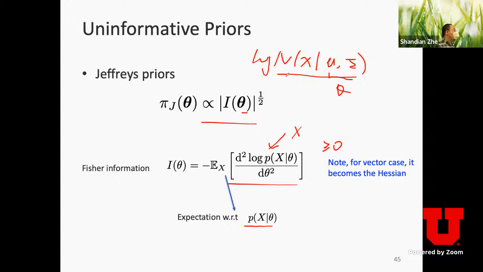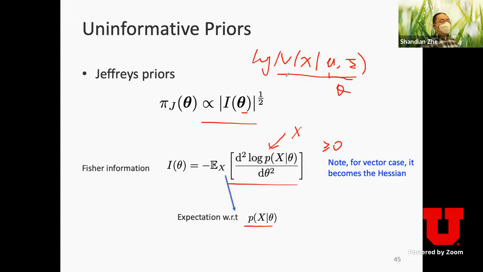But why didn't you just define the Jeffreys prior to be proportional to I of theta, and not the square root of that?